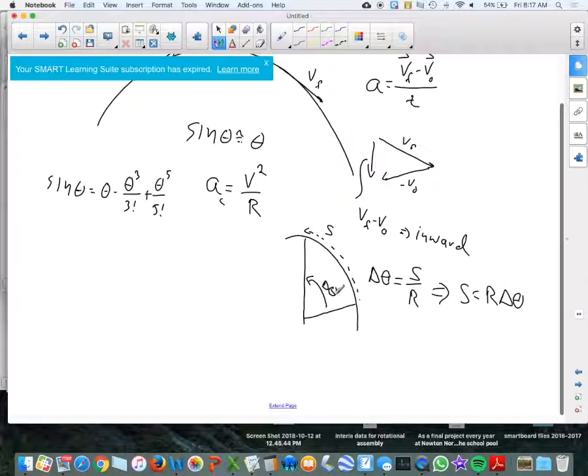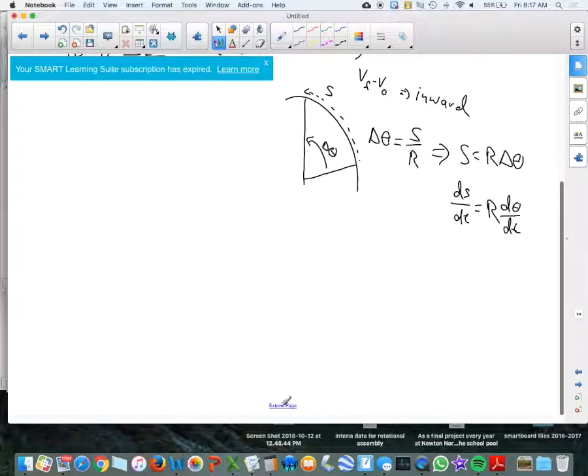So if I take the derivative of both sides, I would get delta S over delta T is R d theta dt. Then I can say the rate at which my position on that arc changes is the same as tangential velocity.